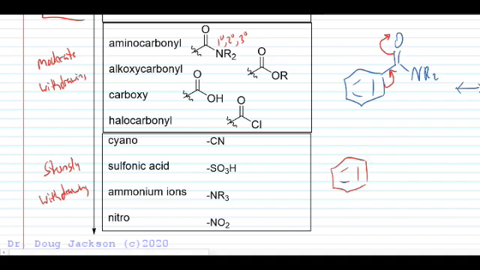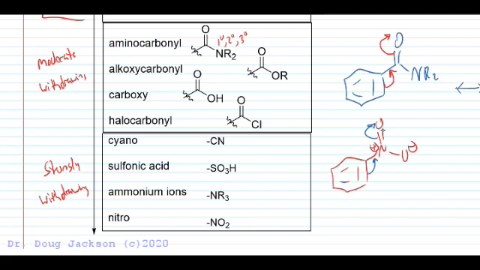We have our ammonium ion that is sigma withdrawing, because if it's an NH3 plus or secondary, tertiary, that's not going to withdraw through resonance. It's going to withdraw through that positive charge directly next to the ring as a sigma withdrawing. It's still strongly withdrawing. Meta direction still applies. And then finally, the nitro groups have this structure, and they withdraw into that nitrogen as well, okay, or into the oxygen of the nitro group. All right, the most electronegative element.